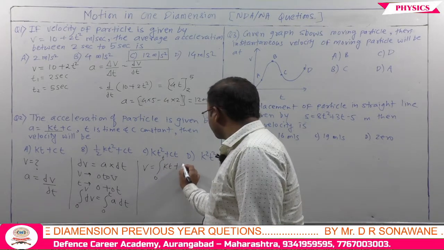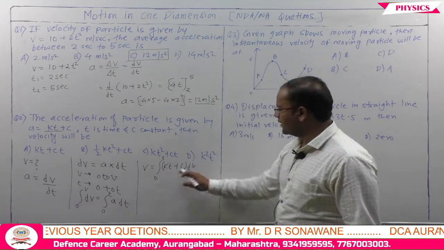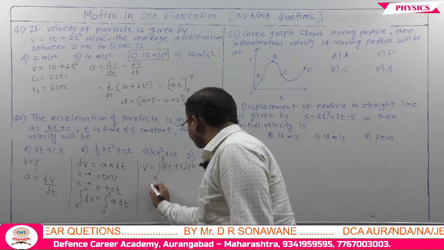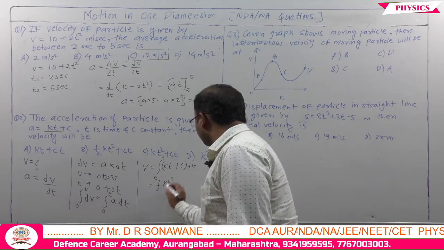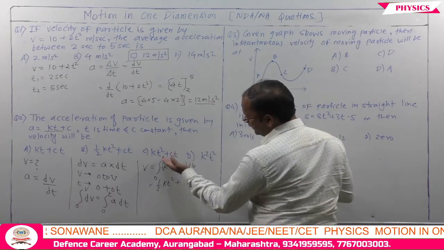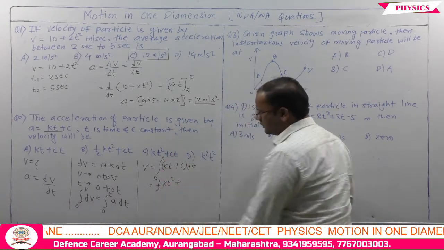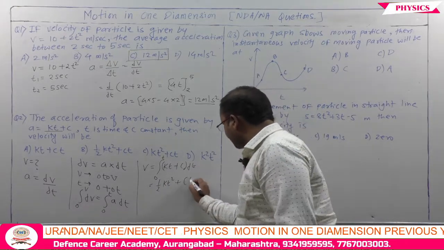Then the integral of acceleration from 0 to t is kt plus c into dt. So the integration of kt will be half kt square. If we put the values of t and 0, we will get half kt square, and for c into dt it is ct.